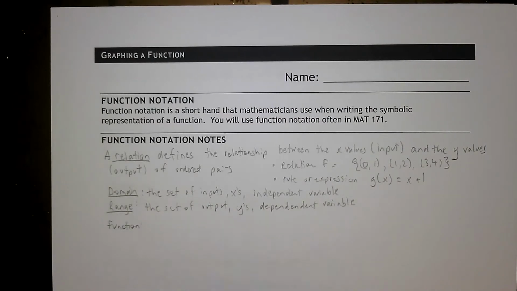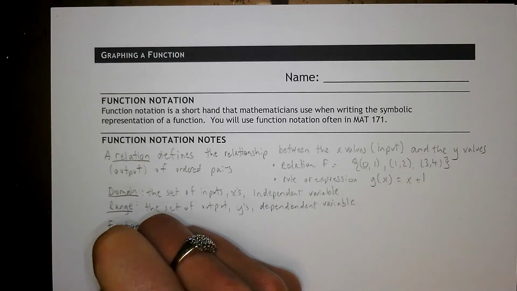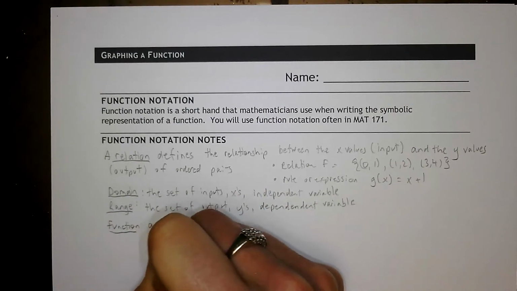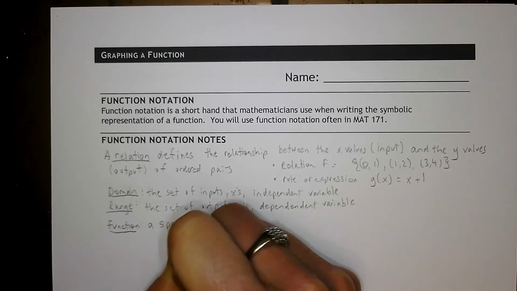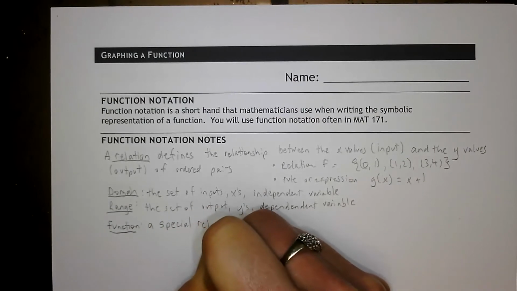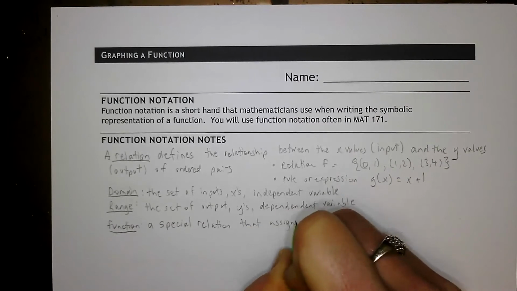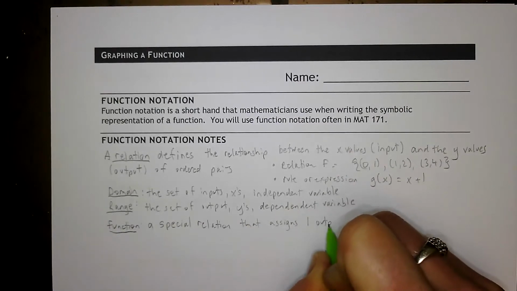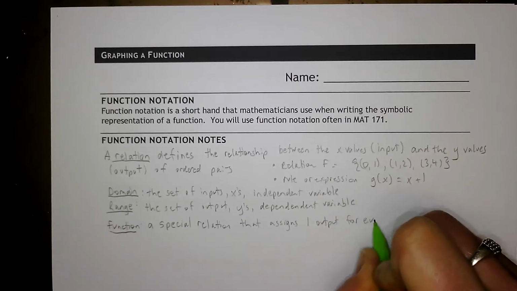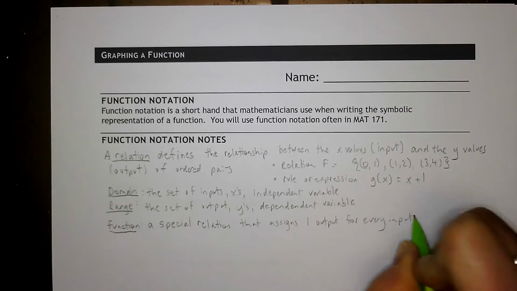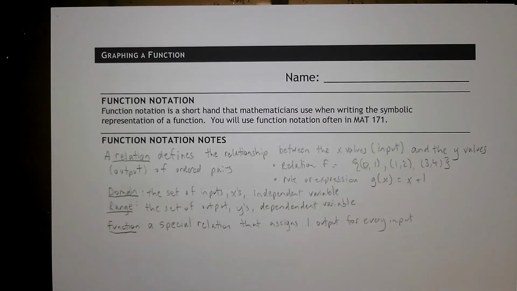A function is a special type of relation that assigns one output for every input. There is exactly one y for every x.